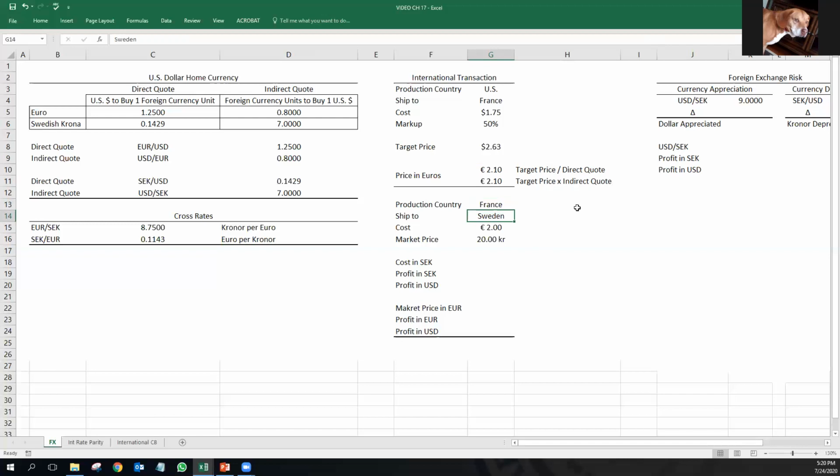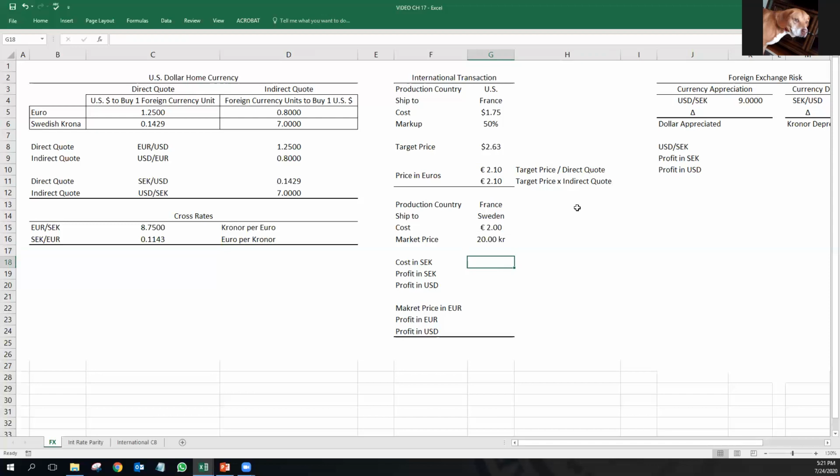And let's say that your production cost in France is €2. And that's including the shipment to Sweden. And the market price in Sweden is 20 kroner. So you want to know what's your profit at the end of the day in US dollars, because you're still a US company, you just happen to be producing and shipping from France.